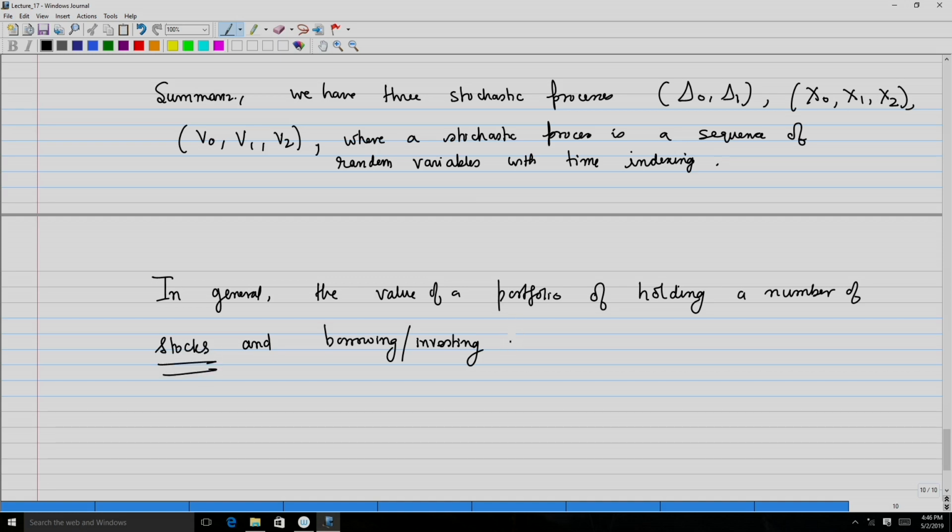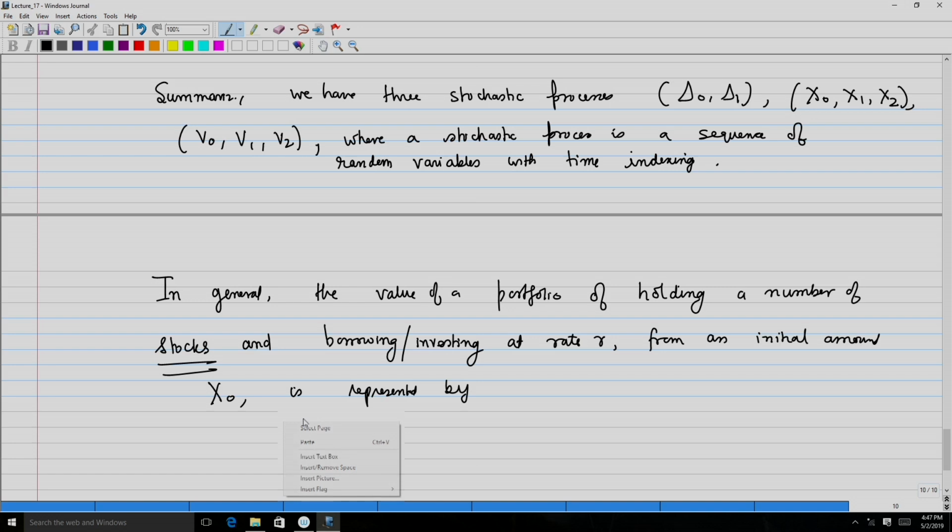So, borrowing and investing at say rate r from an initial amount x naught is represented by, so for this you consider the time points n and n plus 1.